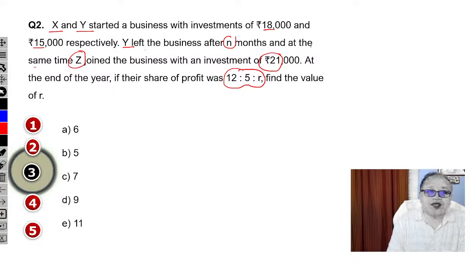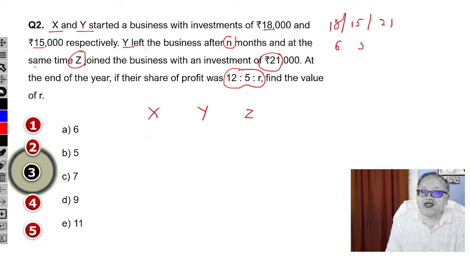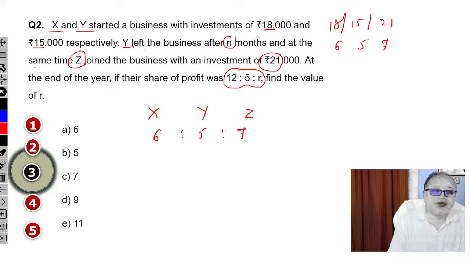So here I can see that there are X, Y, and Z, and their capitals are 18,000, 15,000, and 21,000. This is 6, 5 and 7. So 6:5:7 is their capital ratio. And it is said that Y left the business after n months and Z immediately joins.